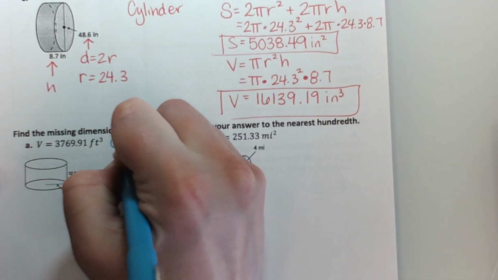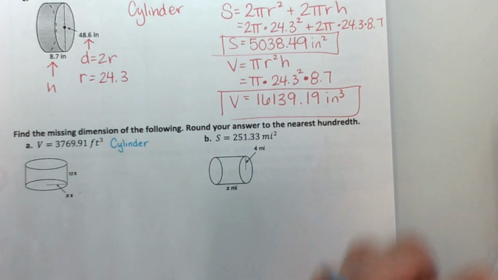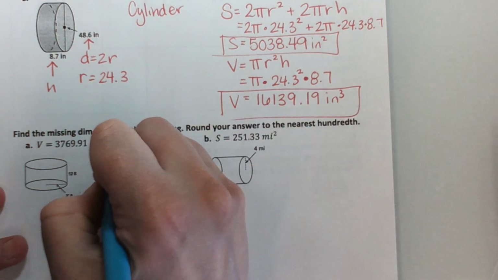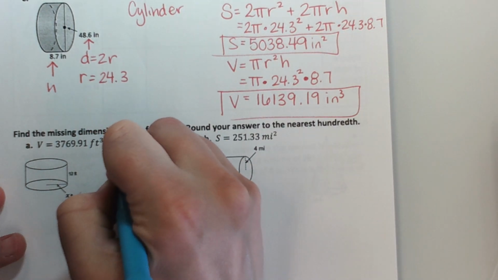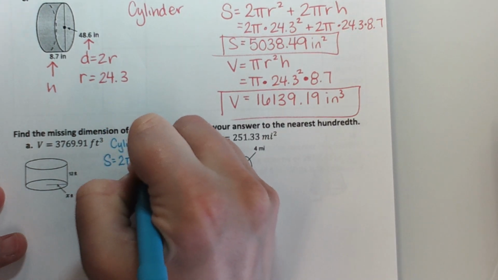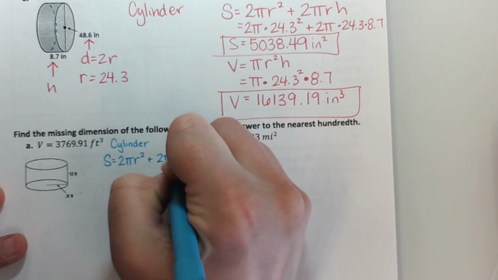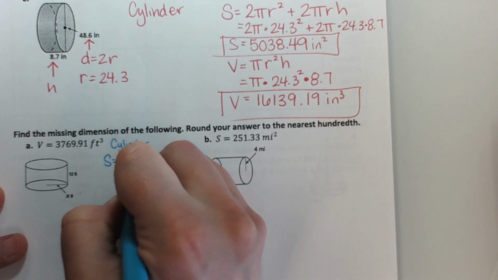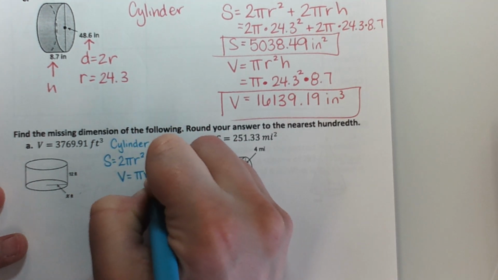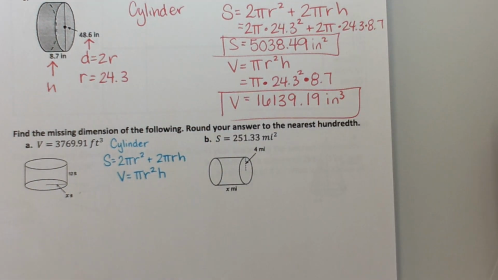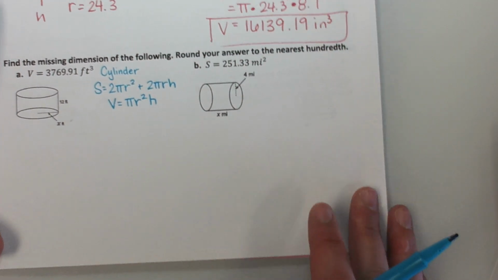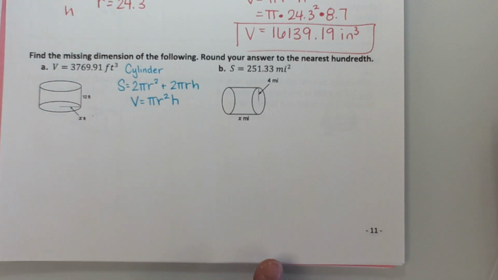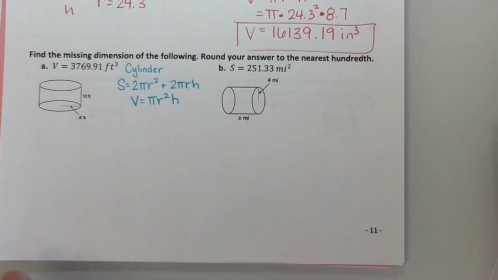Now, we identify the shape because that tells us our formulas. That is always what we need to recognize first. Because if we're using the wrong formula, it is guaranteed to have problems.